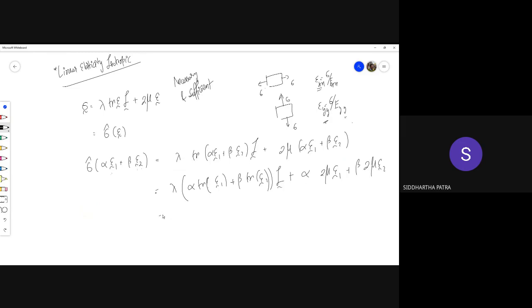Okay. And in the end, I can write this to be alpha times (lambda trace of epsilon 1 times I plus twice mu epsilon 1) plus beta times (the same for epsilon 2). So essentially, this is alpha times sigma hat of epsilon 1 plus beta times sigma hat of epsilon 2.